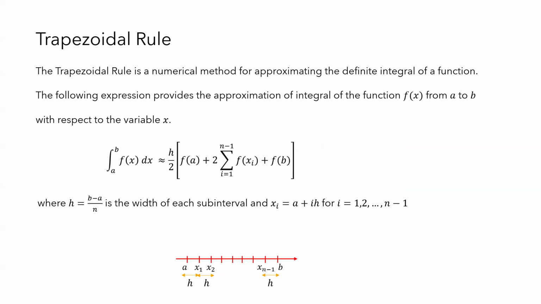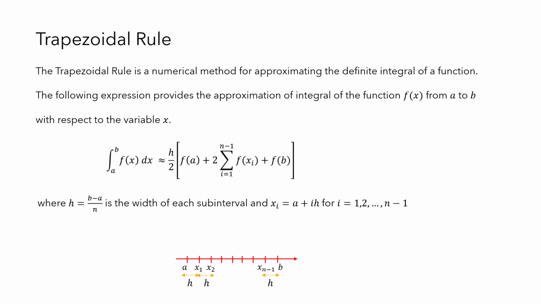Now I'm going to explain one of the simplest and also popular methods in numerical integration, that is called the trapezoidal rule. It's a numerical method for approximating the definite integral of a function. So it approximates the value of a definite integral.